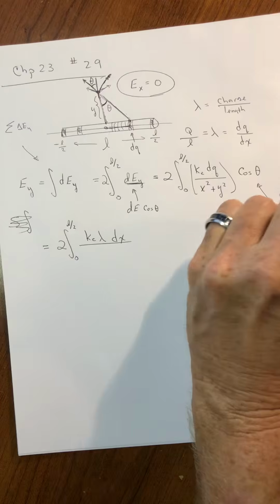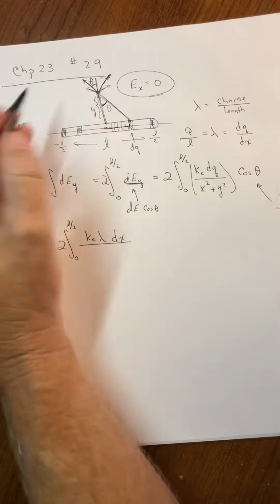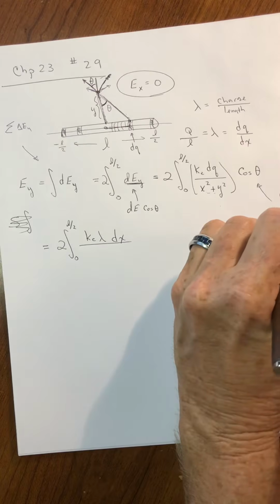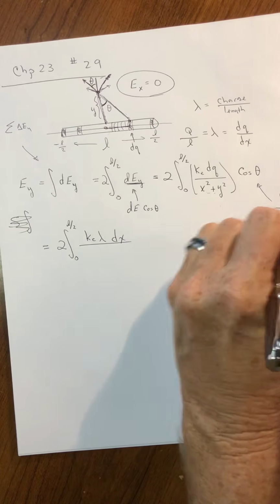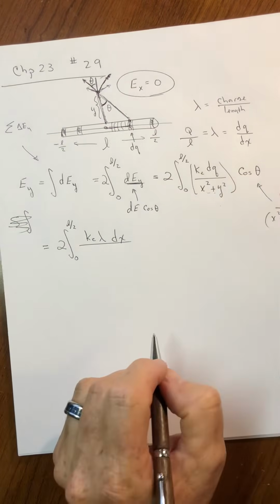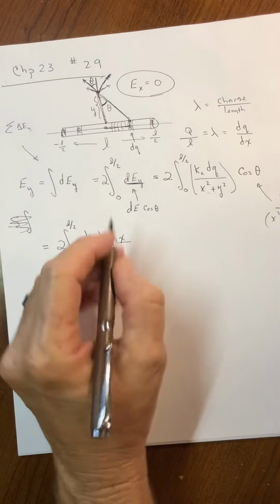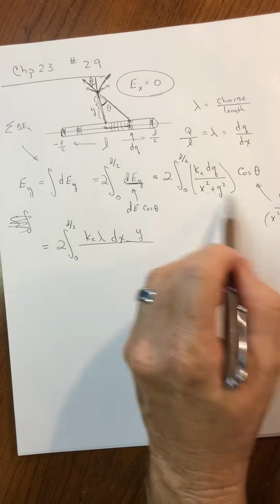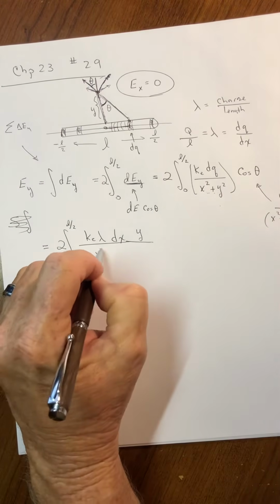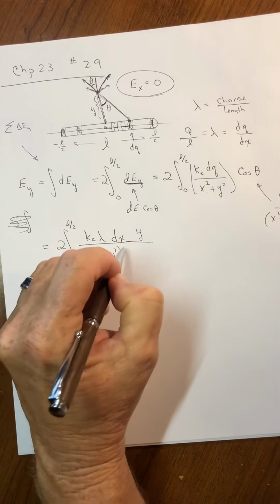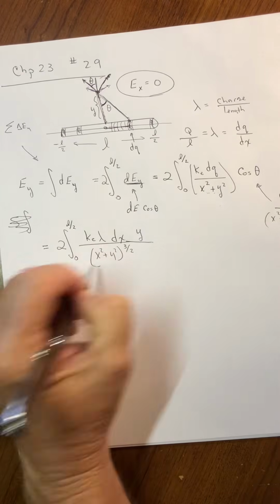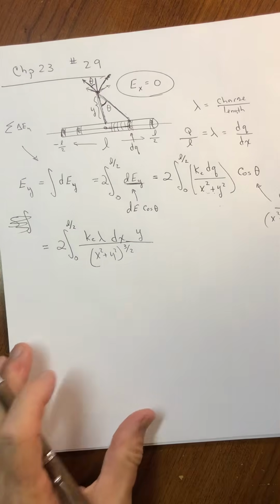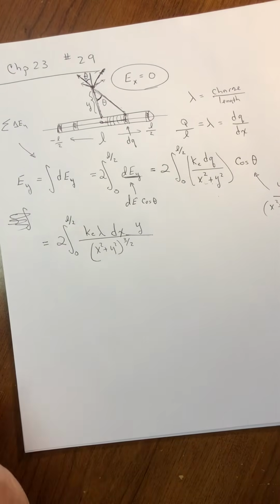So the adjacent is y, and the hypotenuse is the x squared plus the y squared to the 1/2 power. So if I put that into here, there's the y. And these two are the same, so let me write that as an x squared plus a y squared to the 3/2 power. Yay! Okay, so there's my integral.